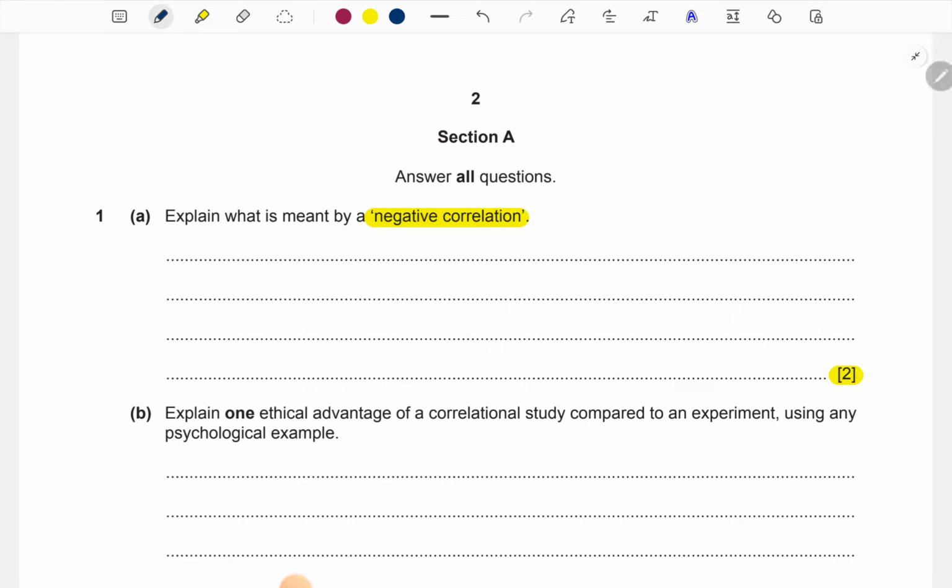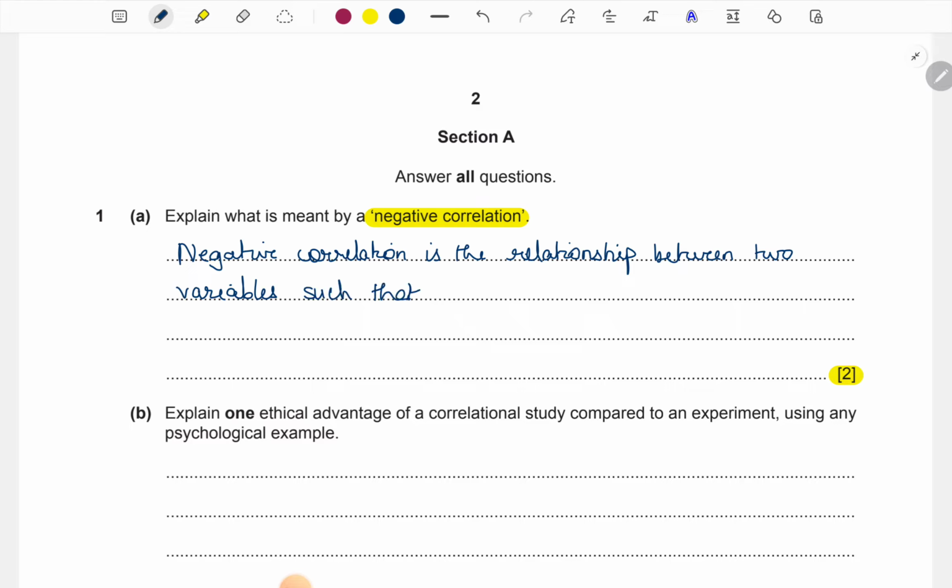So how you must write this answer is: negative correlation is the relationship between two variables such that when the value of one variable increases, the value of the other variable decreases, and vice versa.